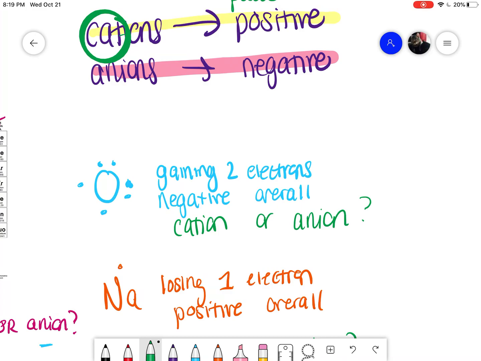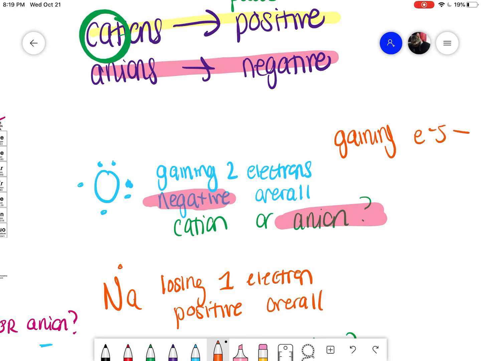Because it's negative overall, if we go up to our two types of ions, we can see that if an atom has an overall negative charge, that is an anion. When they're gaining electrons, they will become anions. So gaining electrons equals a negative charge, which means it will be an anion.